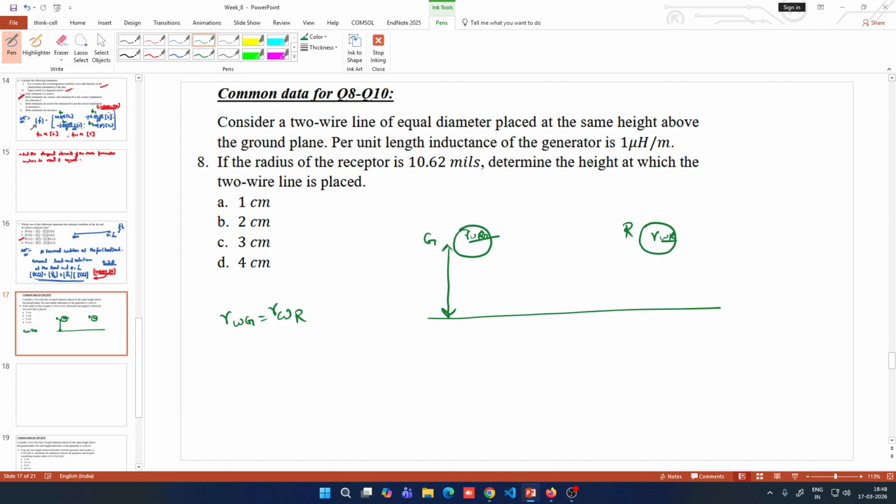The height is not given, so this is HG and this is HR. The only thing given in the problem is LG, given as 1 microhenry per meter. So this LG is the per unit length inductance of the generator.